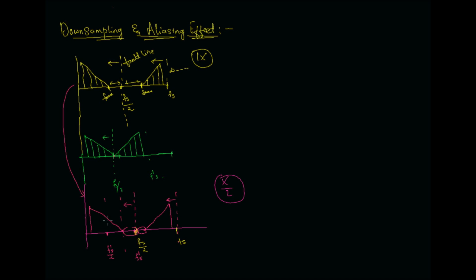So in this case, all the points which are sitting here, and its corresponding image also we can take, all the points which are here, this guy is going to move in this direction, so they will simply accumulate around the fault line. And when they accumulate around the fault line, I'm going to get a new spectrum, and the new spectrum is going to look something like this.